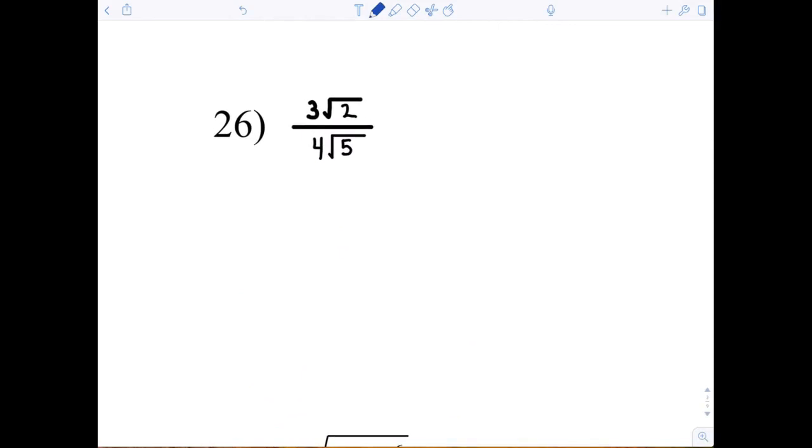26. Now, there's nothing to reduce here. So now I just have to multiply the top and bottom by what? Radical 5. And that is equal to 3 radical 10.